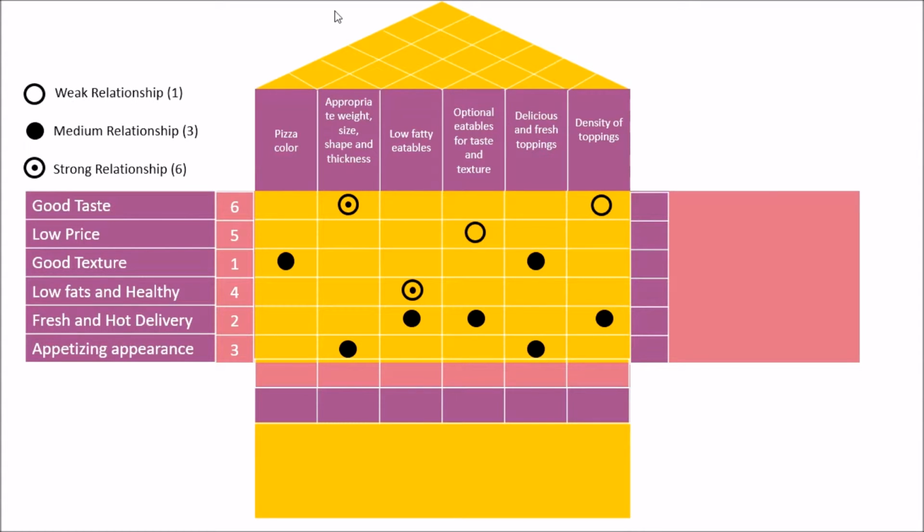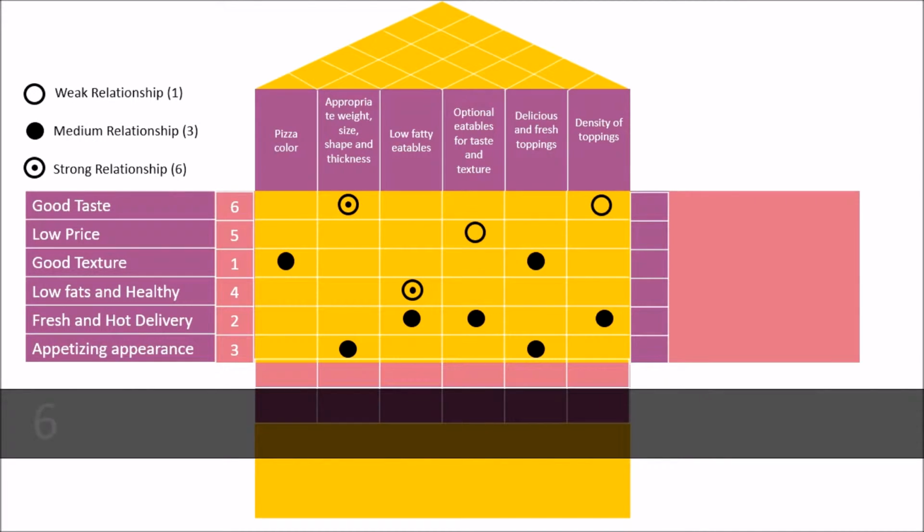In this box on the right, this purple box here. Okay, so what we're going to do is look at the first row and the first relationship in the row, which is the strong relationship, the value of which is 6. We're going to multiply the value 6 with the importance rating of good taste, which is 6 again.